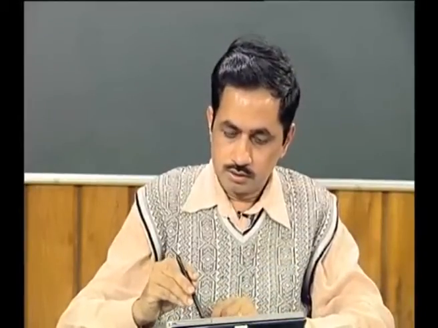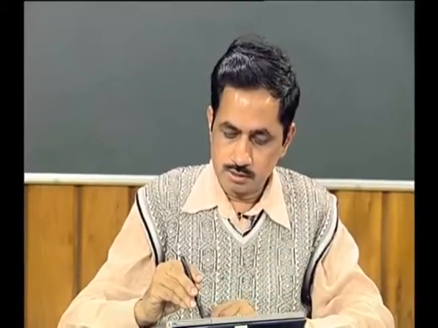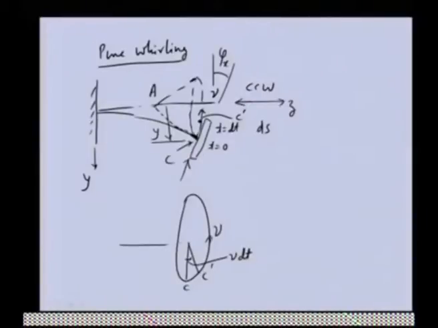So, this is the center of the bearing, and this is the distance y. So, the C prime will be y and the angle nu t. And if we want the C prime divided by AC, this is the apex of the cone.